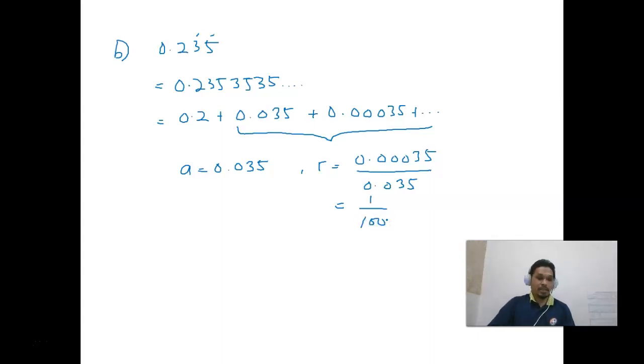Okay, so now S infinity equal to A, which is 0.035, divided by 1 minus 1 over 100. And using your calculator, this is going to give you 7 divided by 198.